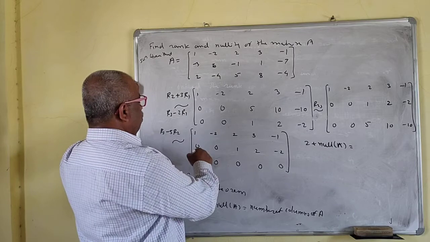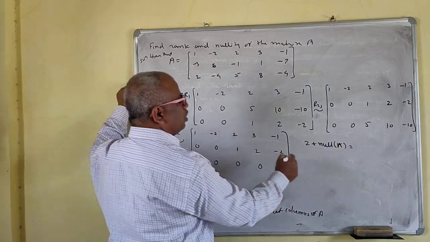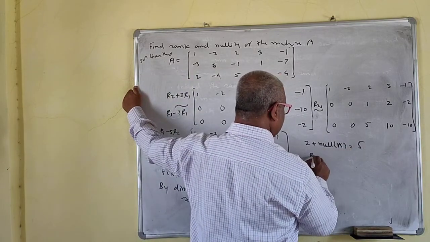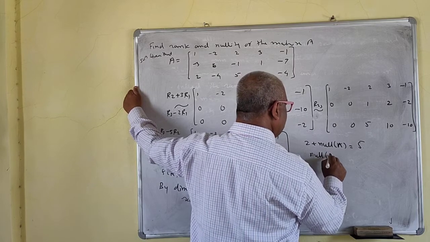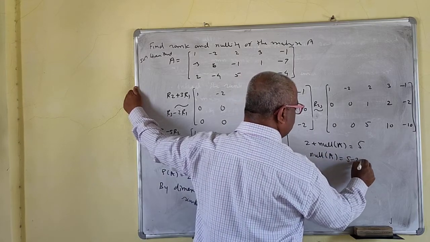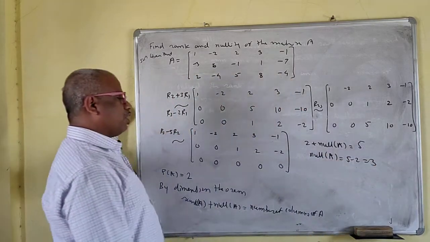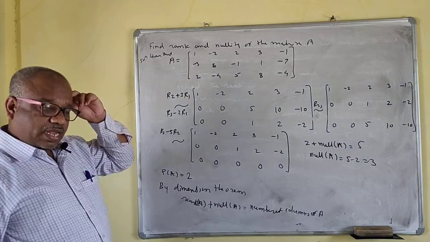How many columns are there? 1 2 3 4 5. There are 5 columns. Okay, so nullity of A is equal to 5 minus 2, which is 3. So therefore rank of A is 2 and nullity of A is 3.